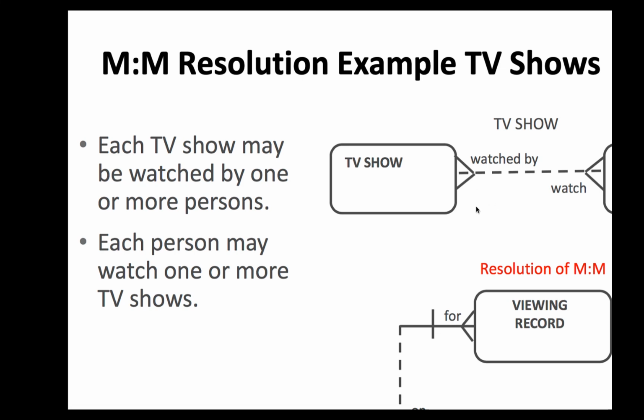But we have to resolve this many-to-many relationship, and for this resolution we can simply add another entity and call it viewing record, right? And then from each entity the relationship would be one-to-many, same is the case, one-to-many, and then we are putting a bar here, right, which is showing the intersection entity, and this bar means that the UID of this TV show would be part of this viewing record. Okay.